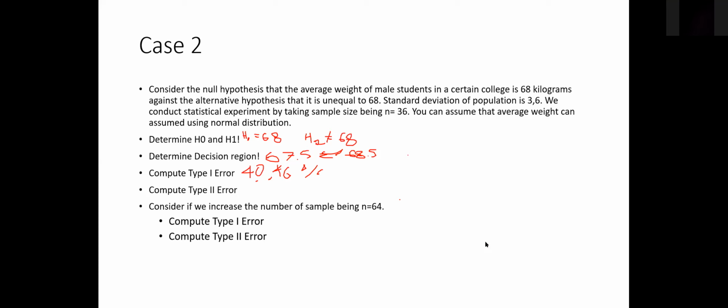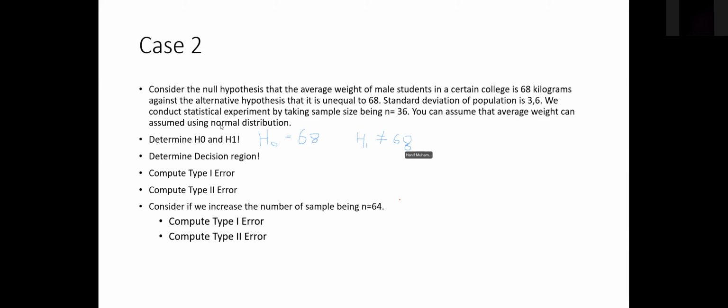Jadi, tapi kita betanya belum, Sir. Oke. Baru nyari alpha buat N36 sama N64. Okay, so for the null hypothesis, we get that the average is equal to 68, while for the H1, we get the average not equal to 68.